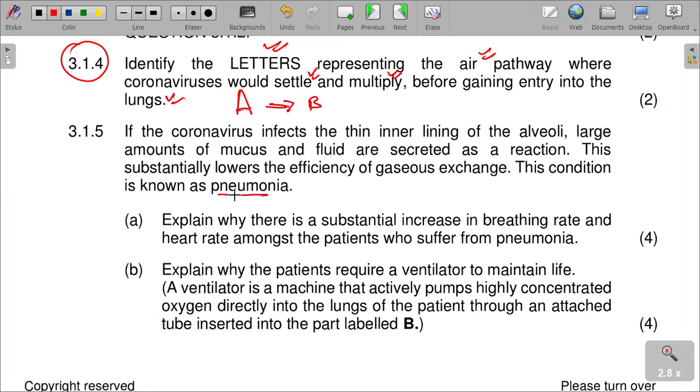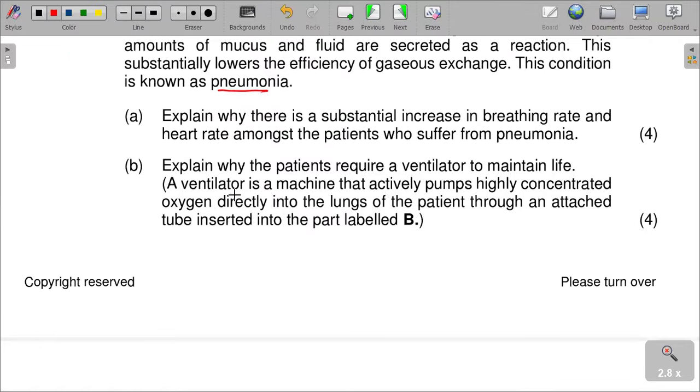Explain why there is a substantial increase in breathing rate and heart rate amongst patients who suffer from pneumonia.